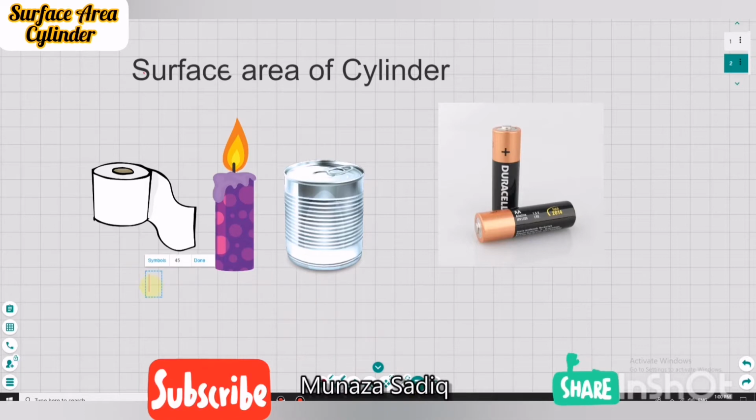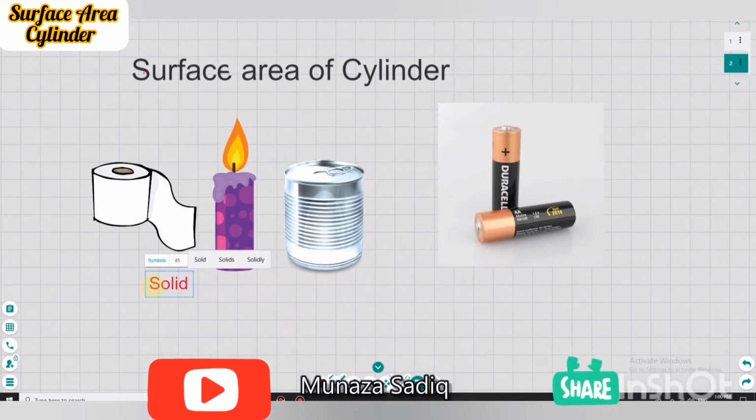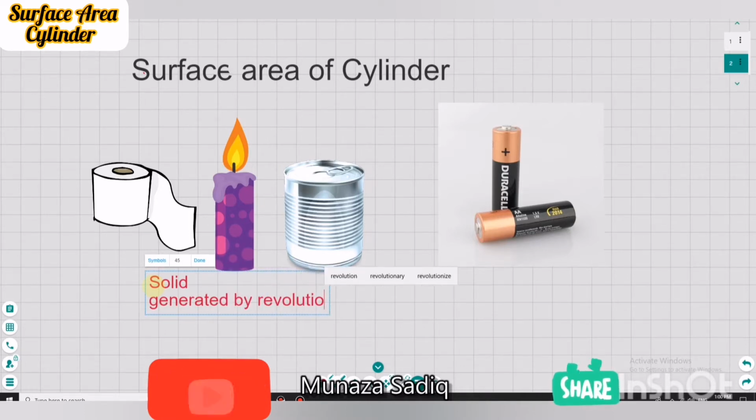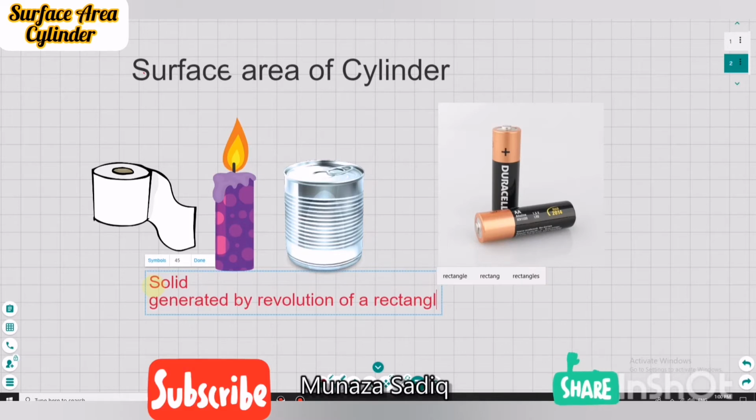A right circular cylinder is a solid generated by the revolution of a rectangle about one of its sides.